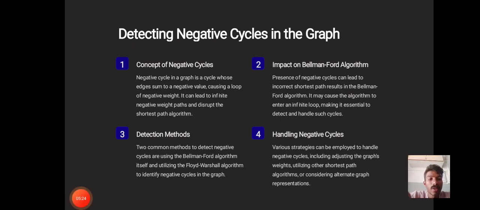Two common methods of detecting negative cycles are to use the Bellman-Ford algorithm itself and to utilize the Bellman-Ford algorithm's extra iteration. Handling negative cycles. Various strategies can be employed to handle negative cycles, including adjusting the graph weights and utilizing other shortest path algorithms.